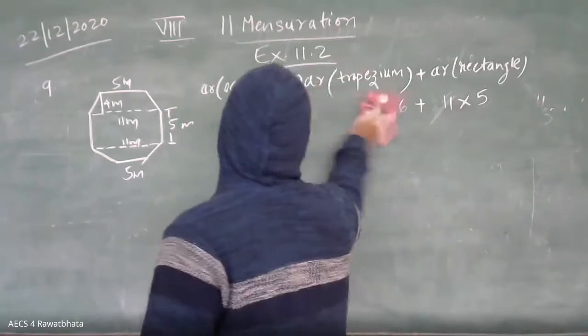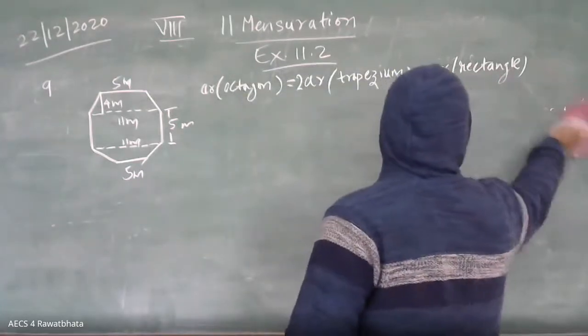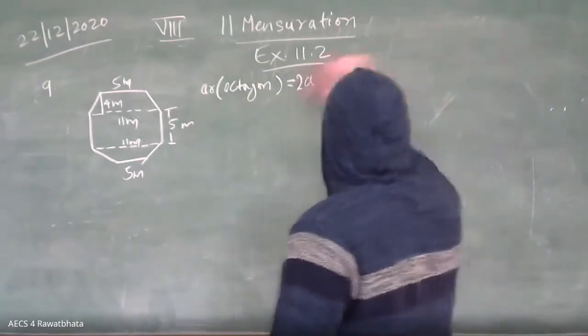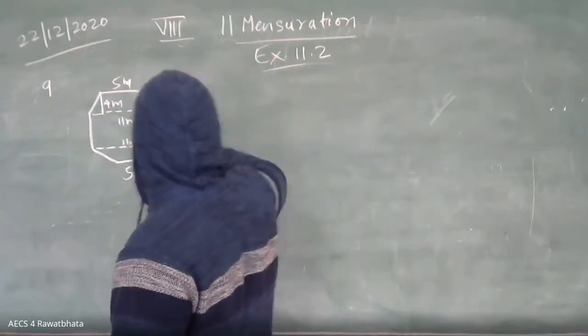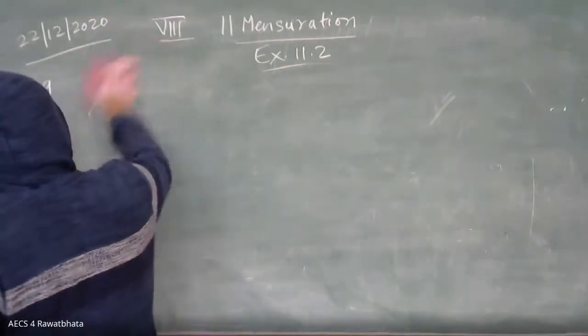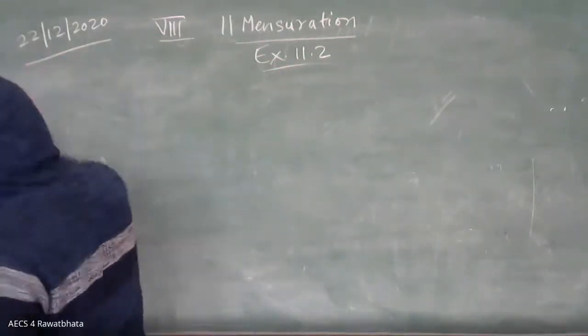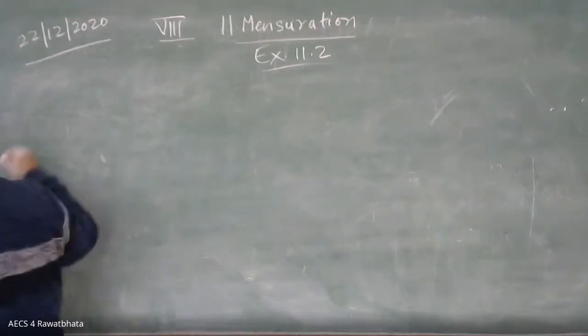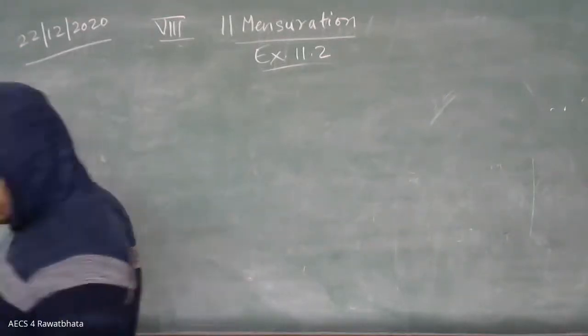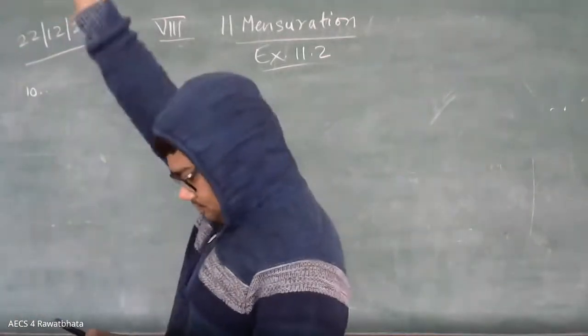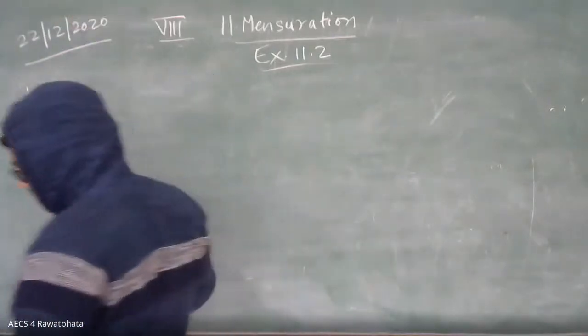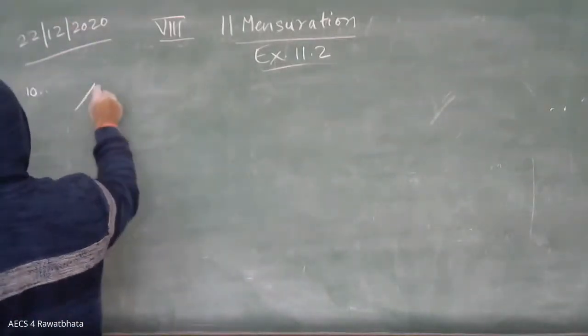Question number 10. A pentagonal shaped park is given like this.